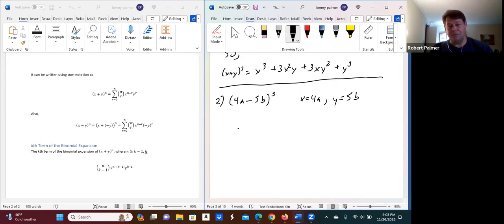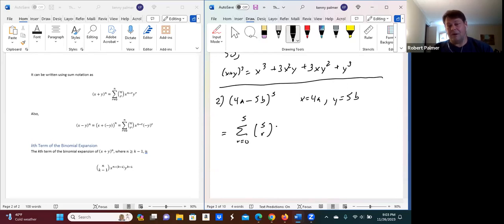Okay, so this is going to be equal to, since it's up to 5, the sum of r equals 0 to 5, since our n is 5, our power is 5, and that's going to be 5 over r as our coefficient.